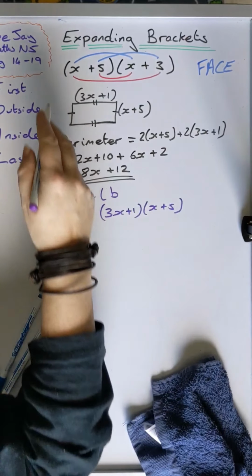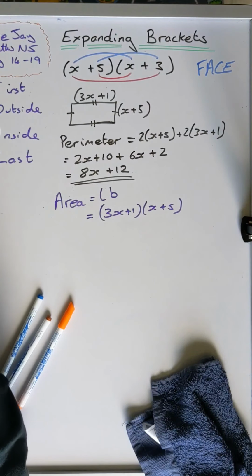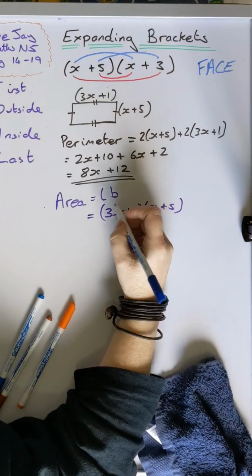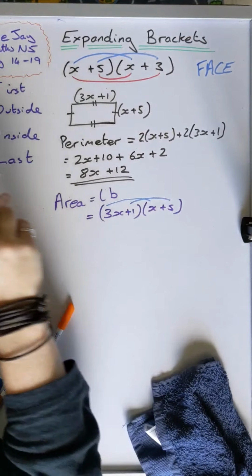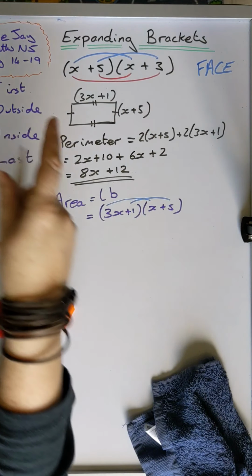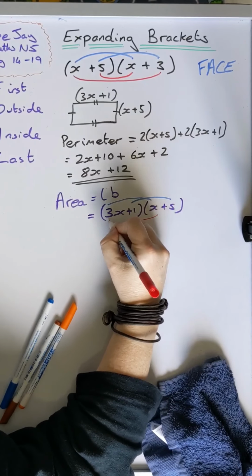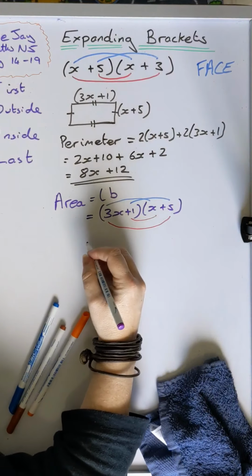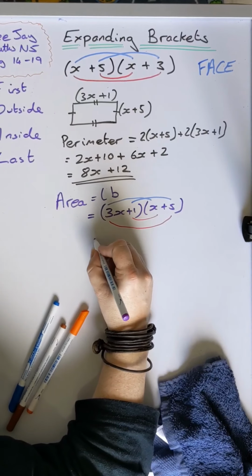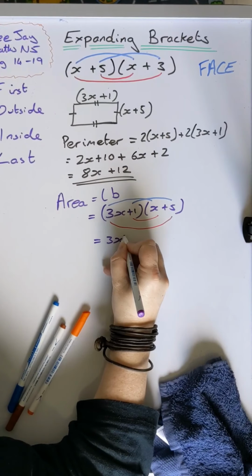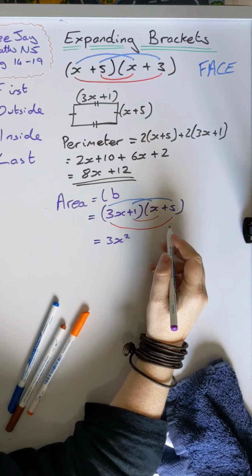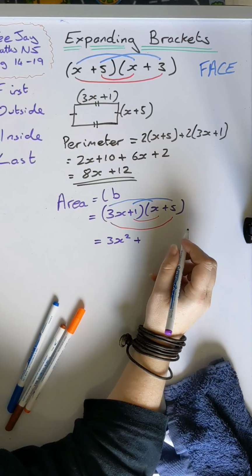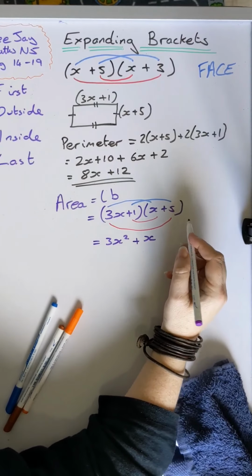And we just do the same as we've done up the top here. We do our eyebrows and we do our nose and mouth. And that will give us 3x times x, which is 3x squared. Nose is 1x, which is just x.